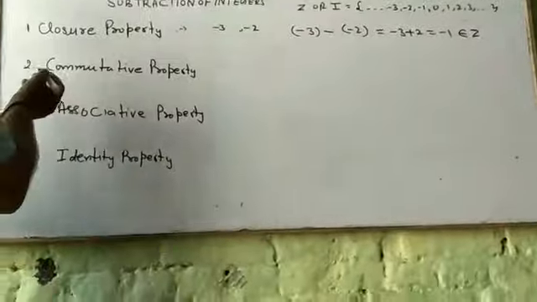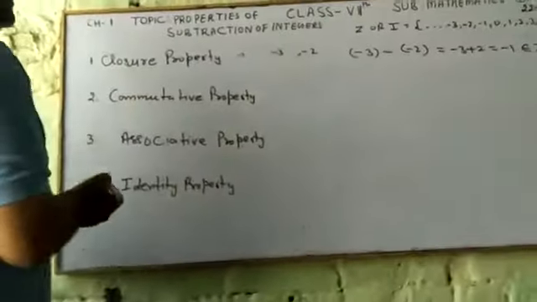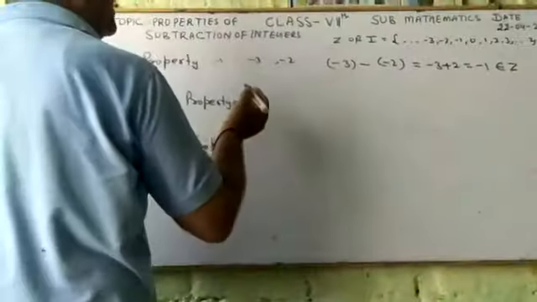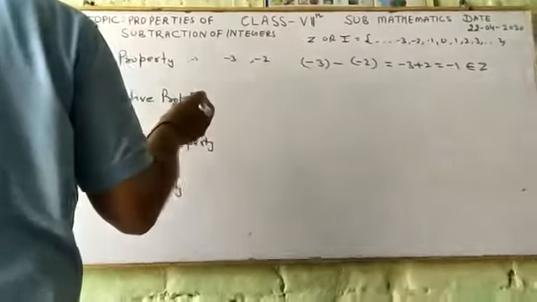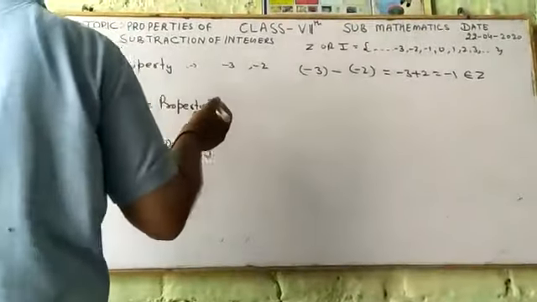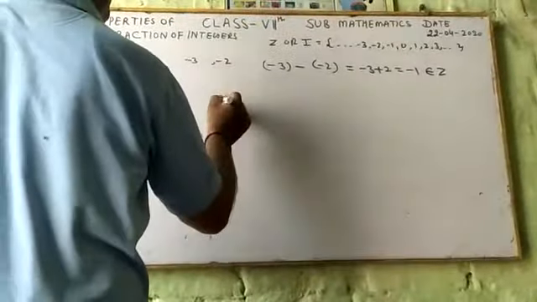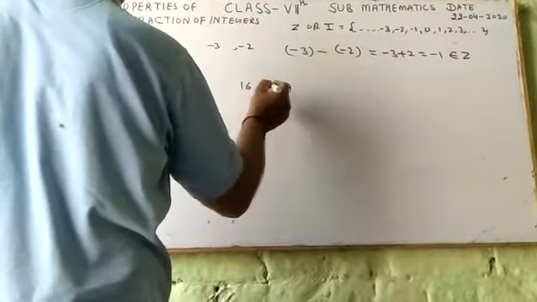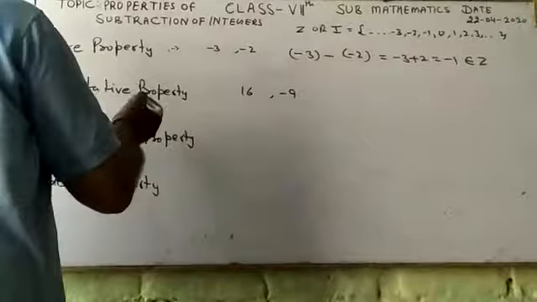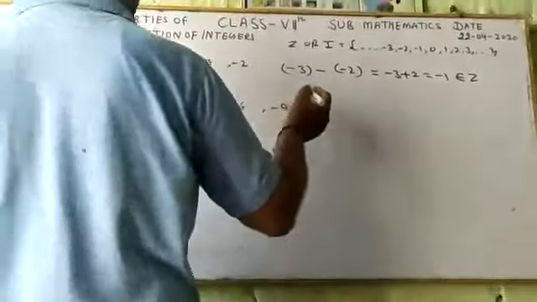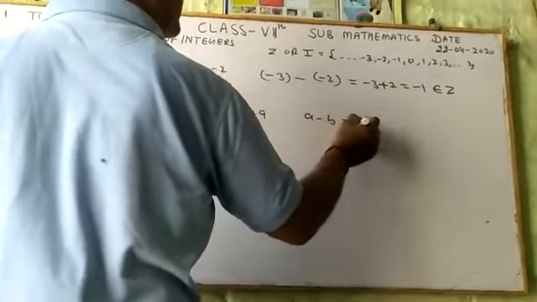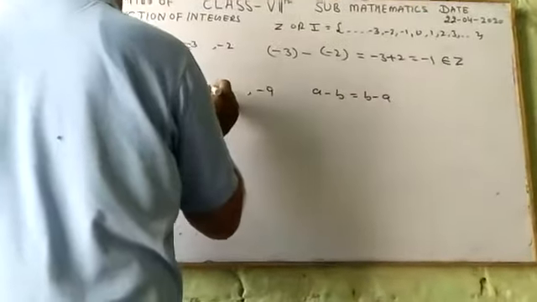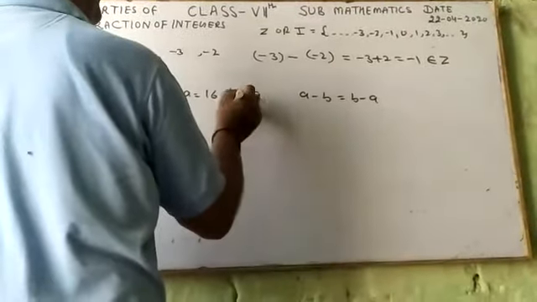We have to discuss the second property, the commutative property. It means we take two integers, that is 16 and -9. We check whether a minus b equals b minus a. So a becomes 16 and b becomes -9.